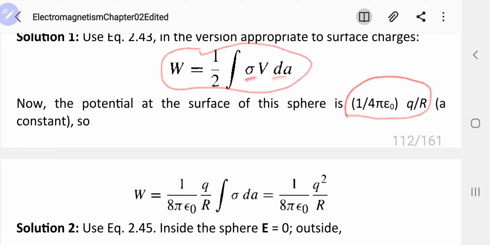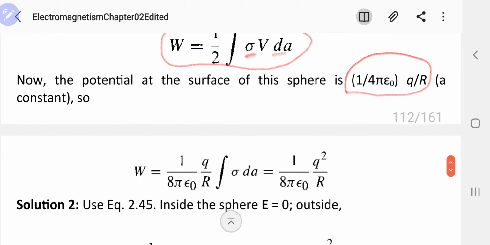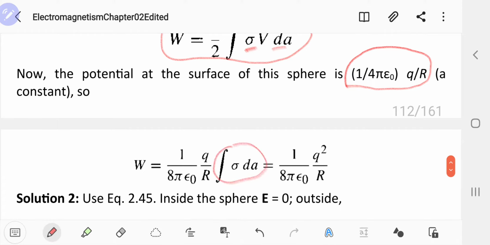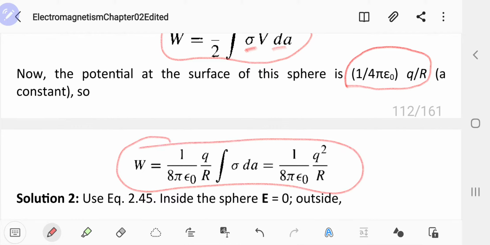Everything will just be constants, so you're only left with sigma dA. But again, your sigma dA is the dq, and the integral of dq is just Q. So this is just now Q squared, and your work will just be that expression.